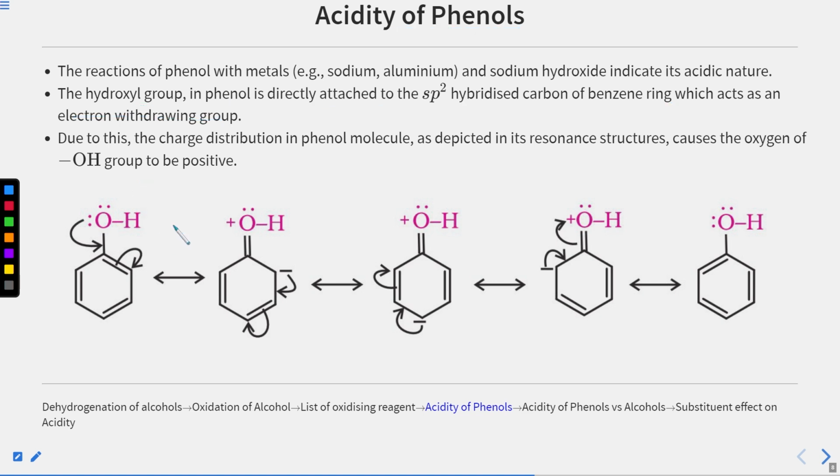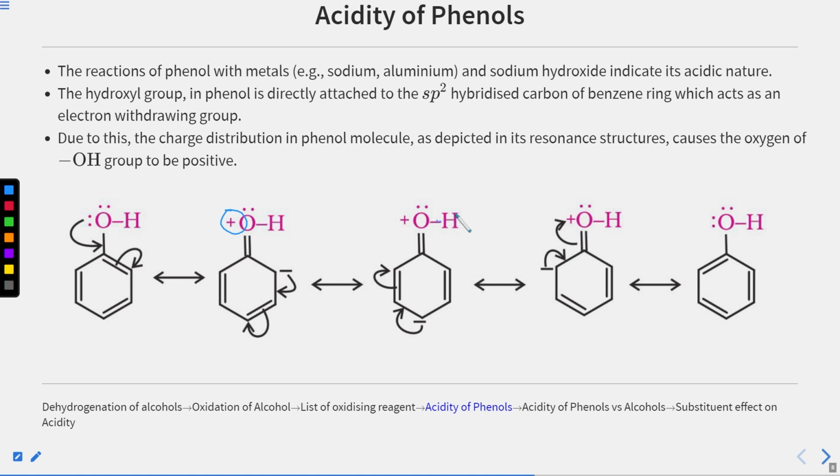Due to this, the oxygen gets positively charged for some time, in some resonance structures only, but there is a development of partial positive charge due to resonance. Due to this reason, the removal of H plus is more facilitated. Clear?